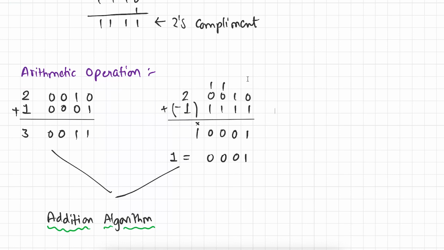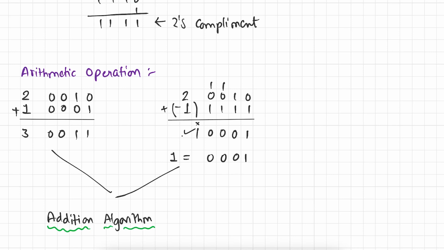If we use the addition algorithm, 0 plus 1 becomes 1, 1 plus 1 becomes 0, carry 1, 1 plus 1 becomes 0 and carry 1, 1 plus 1 becomes 0, and this is our extra bit, right? In 2's complement, we simply ignore this bit. In the previous approach, in 1's complement, we were moving this bit below the least significant bit and performing addition again, so we had to perform addition 2 times.